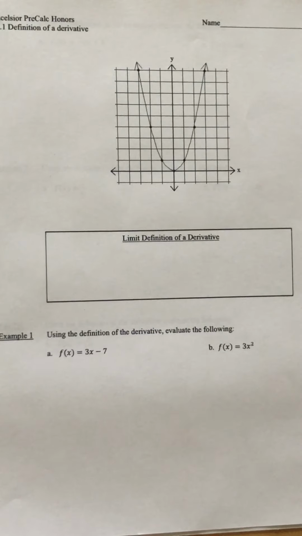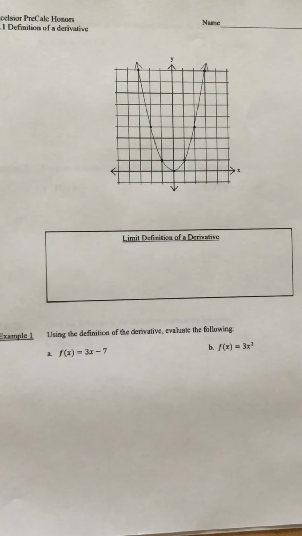Let's clean this up a little bit. 3x and a negative 3x cancel out. Negative 7 and 7 cancel out. So it leaves me with 3h over h, which is 3. So using the definition of the derivative, we evaluated letter A, and we got the answer of 3.